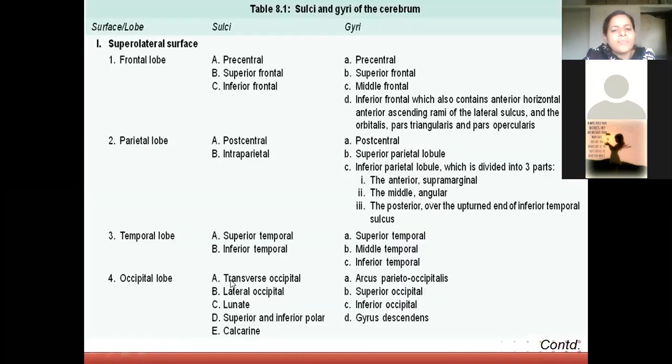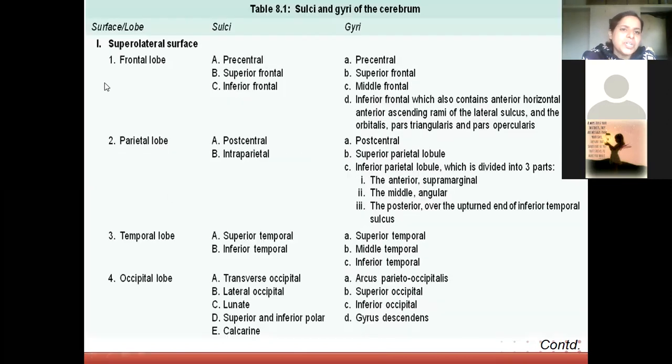Whatever is given here, you better list out, though a few sulci are not visible in this view, in the picture. The sulci we find here are transverse occipital, lateral occipital, lunate sulcus, superior and inferior polar sulcus, and calcarine sulcus. Gyri are arcus parieto-occipitalis, superior occipital gyrus, inferior occipital gyrus, gyrus descendens.